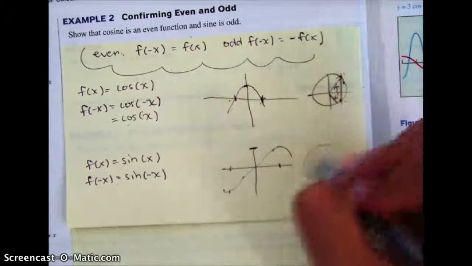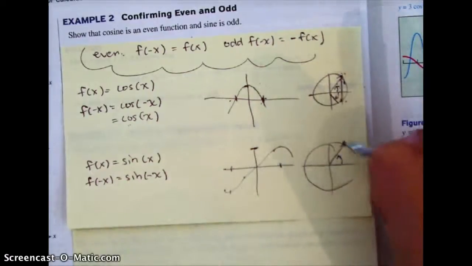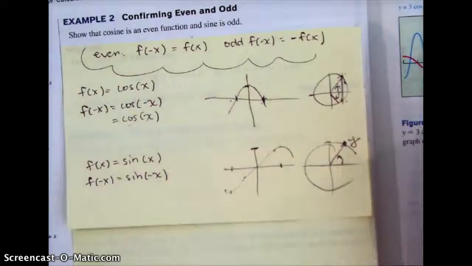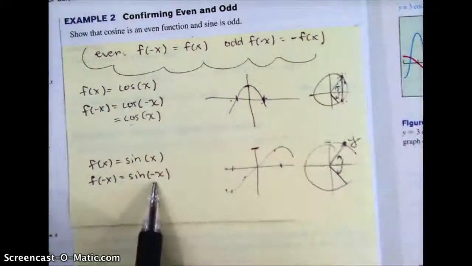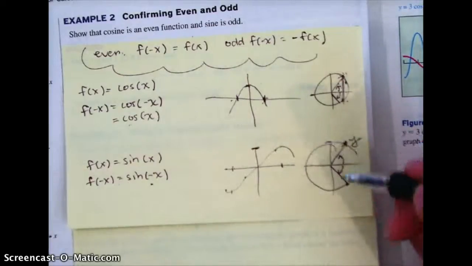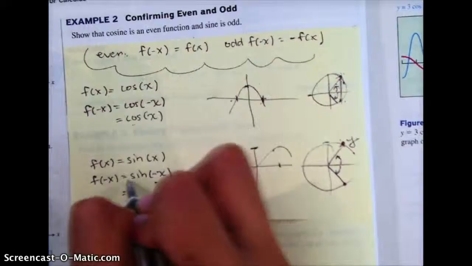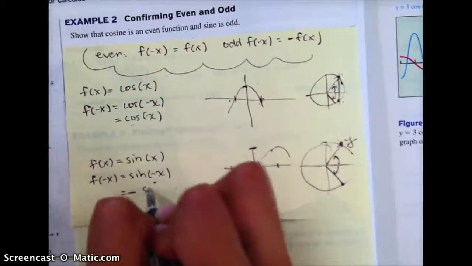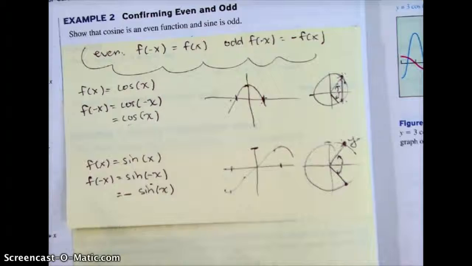If you think about the unit circle, going a certain angle in the positive direction gives you a positive y value. And if we go the opposite direction, if we make the input negative, the y value down here is going to be different. In fact, it's going to be the exact opposite of the y value at the top. So this is the same thing as negative sine of x, making the sine function odd.